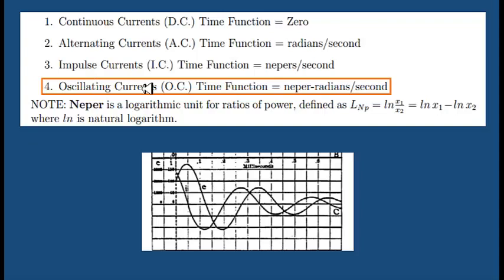And then we've got the oscillating currents, which seem to be a hybrid of impulse and alternating currents because they have units nepers radians per second. So it has both of these units, and it is a hybrid or a combination of the alternating current and the impulse current.